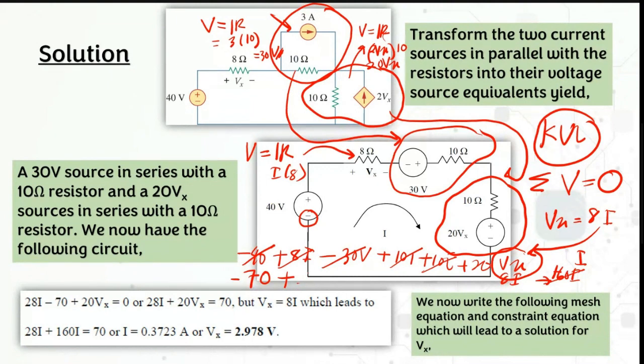Yes, correct. 188I equal to 70. Then you can calculate your I.